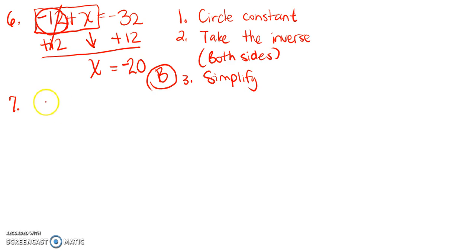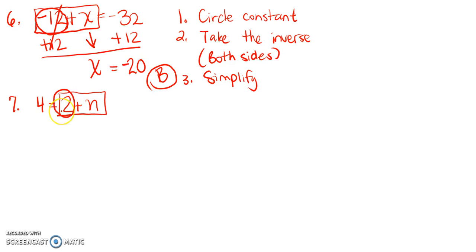All right, I got number 7, and that is 4 equals 2 plus n. Now again, I'm dealing with this side because this side has the variable. I'm going to circle my constant. If there's nothing in front of it, no negative sign, then that's automatically a positive number.